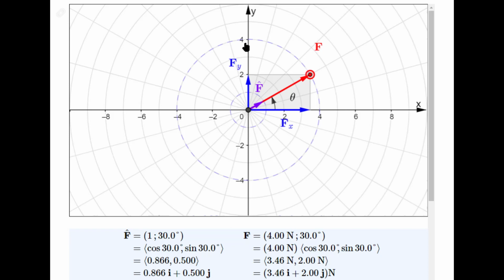The y component, or j component, for my unit vector is smaller, and the same thing corresponds to the force vector components for x and y. So now my x component, F sub x, for this is 3.46, and the F sub y component is 2. I'm sorry, reversed: 3.46 for the x and 2 for my y, or j.